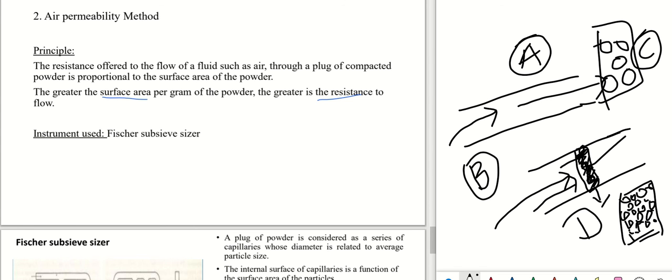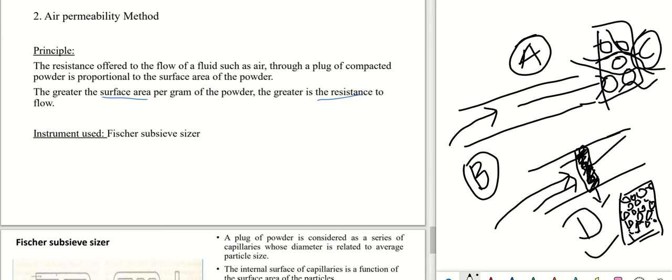Now, in which case is a higher resistance to airflow seen? It is in case D. Why? Because of smaller size, these are closely arranged as a pack. And because of larger particles, there are air spaces through which the air can flow. So, lesser the particle size, greater is the resistance. And greater the resistance, greater will be the surface area.